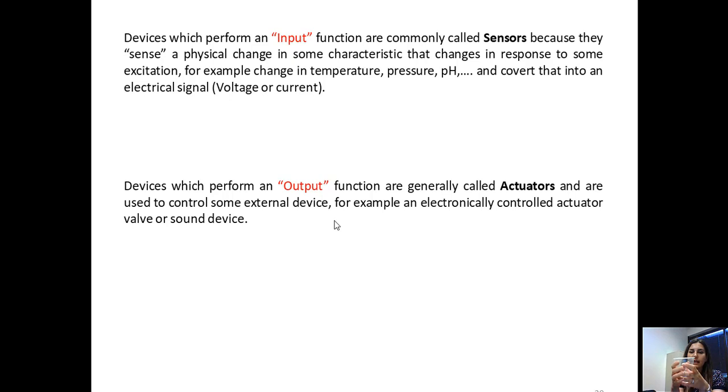And the idea is that you want to maintain the temperature inside this beaker at 50 degrees C, but you're continuously adding, you can add hot water and cold water to your beaker, but you want to keep it at 50 degrees C. So you have a temperature sensor, which is reading the temperature inside this beaker. And you have two actuator valves that are controlled electronically for the hot water and the cold water.